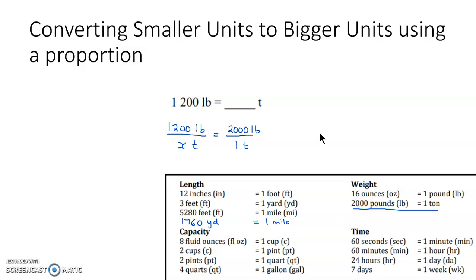And this time we're going to cross multiply and divide. 1,200 times 1 divided by 2,000 will give us the same result. X is equal to 0.6 of a ton.